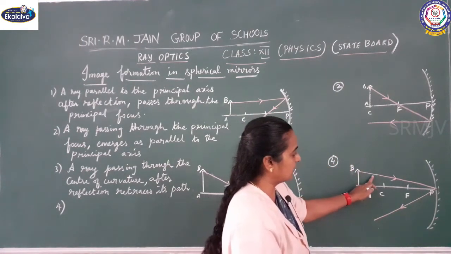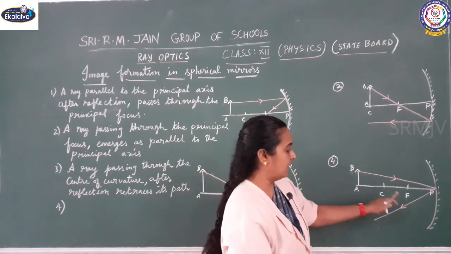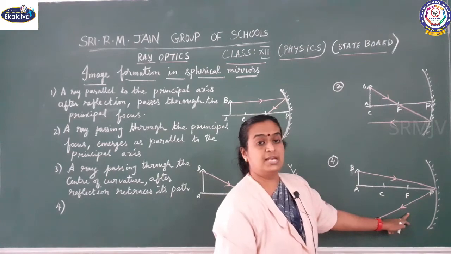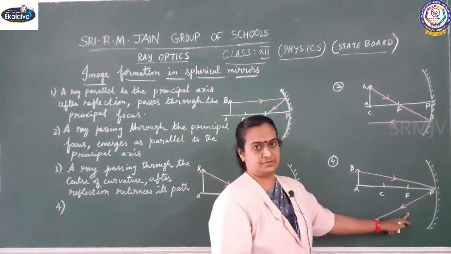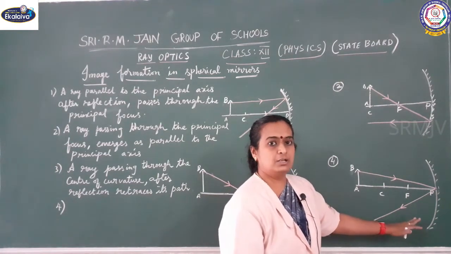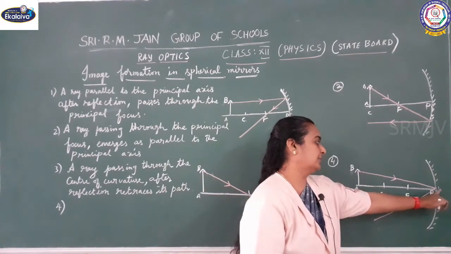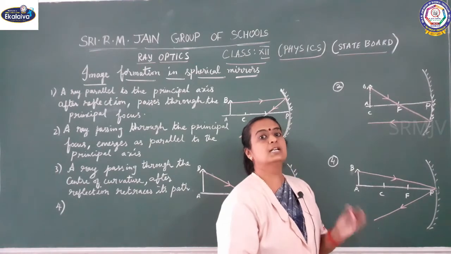So this is considered to be the incident ray and this is considered to be the reflected ray. We have already studied the laws of reflection, so it follows the laws of reflection by getting reflected from this point which is called the pole.